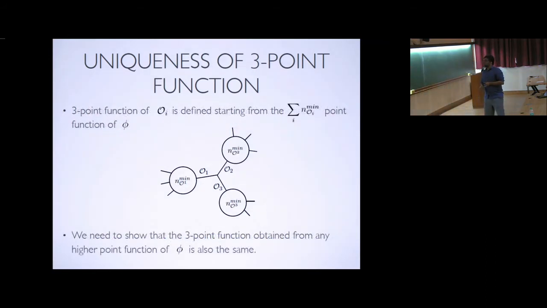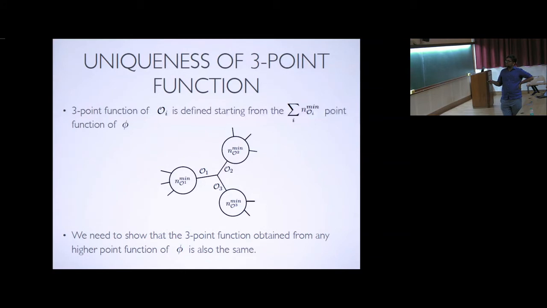Yeah, so let's say I'm interested in the 3-point function of some operators O1, O2, and O3. So I want to start with the smallest point function of phi, which will have this 3-point function appearing in some factorization channel. And what is the smallest n which will have that? Well, that would be just the sum of n minimums associated to all the 3 operators.